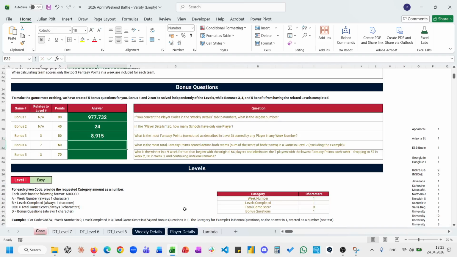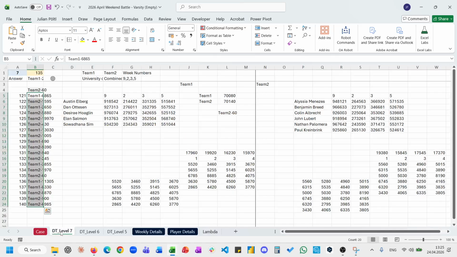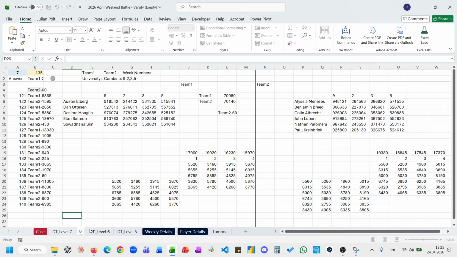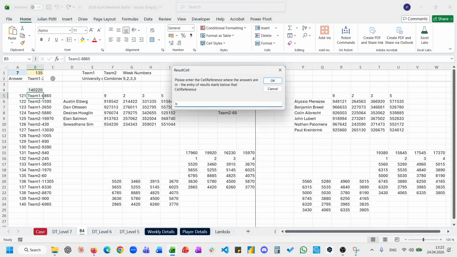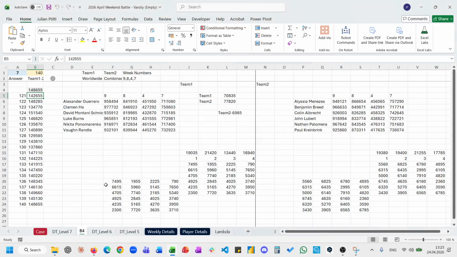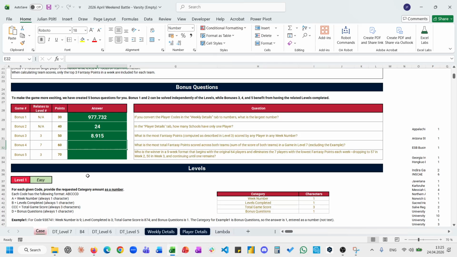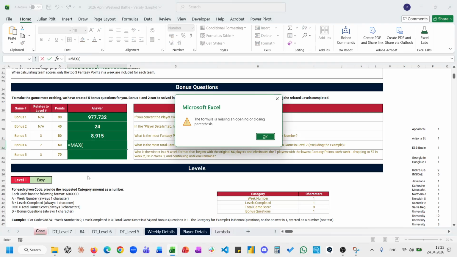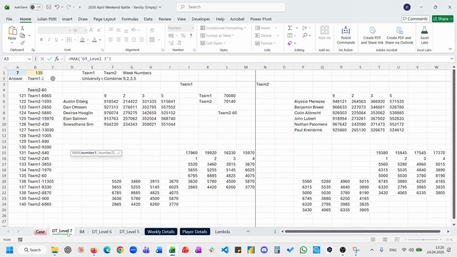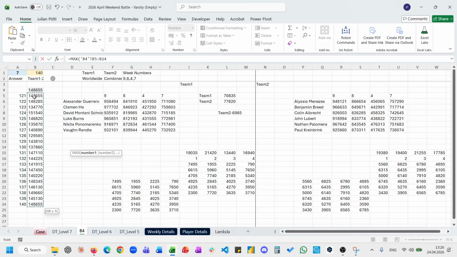What is the most fantasy points scored across both teams? Sum of the scores of both teams in level 7, excluding the example. So let's make a copy for the bonus, B5, B4, and then equal sum of both team scores. And then this is max of B4.